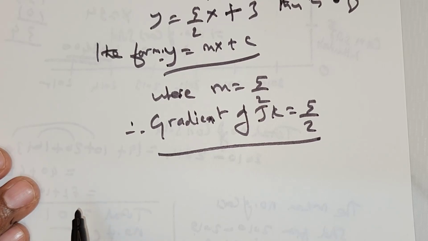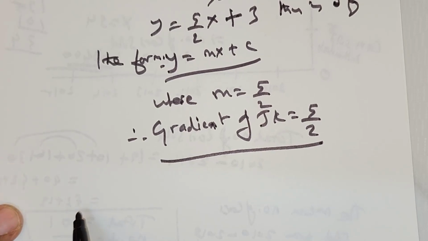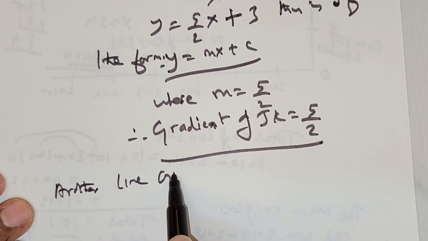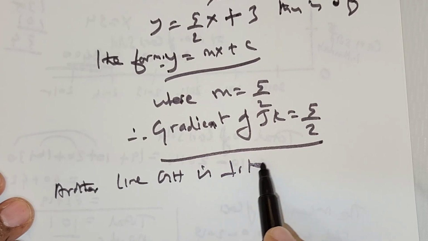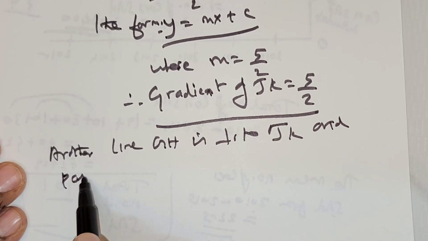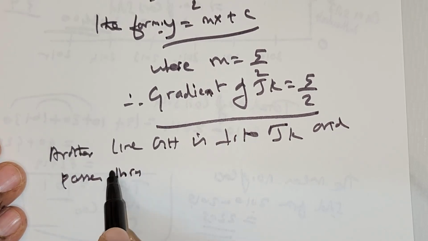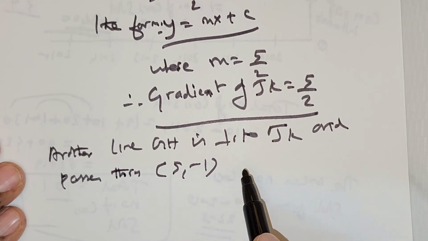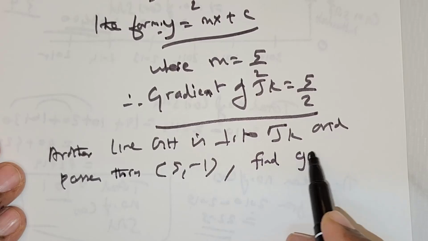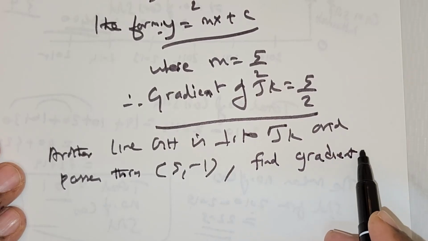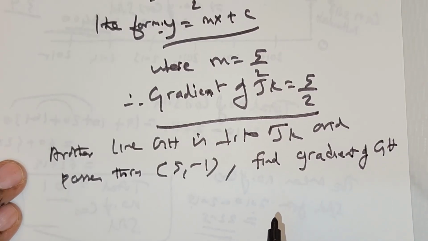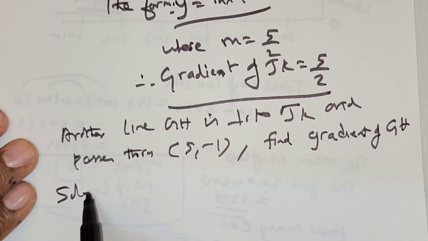Now they are saying that another line GH is perpendicular to JK and passes through (5, negative 1). Now we are asked to find the gradient of GH. Now, solution.